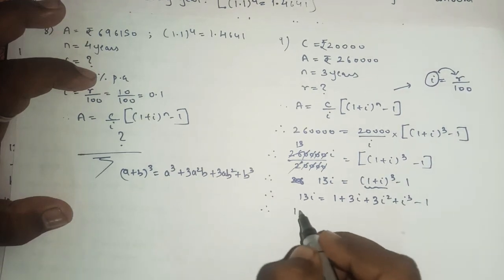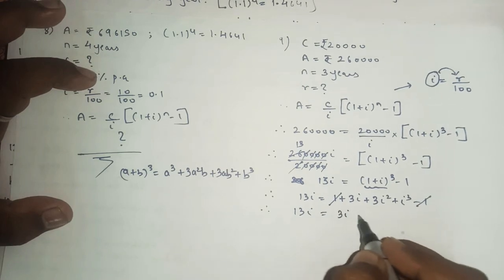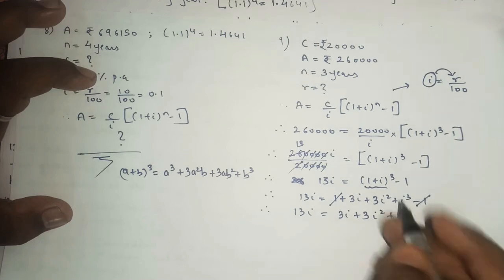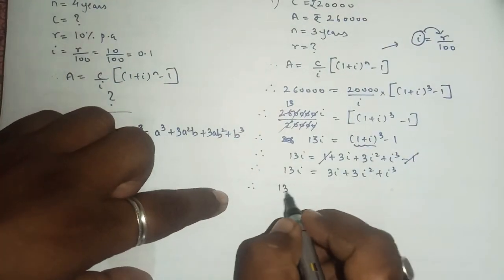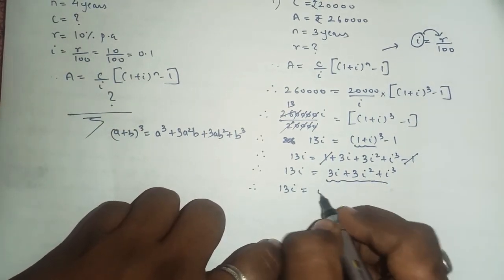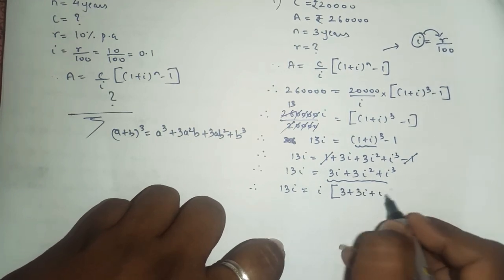In the next step, this plus 1 and minus 1 will get cancelled. So here we are left with 3i plus 3i square plus i cube, yes or no. Further we'll keep this 13i as it is, and clearly we can see that i is common, so inside the bracket you will get 3 plus 3i plus i square.